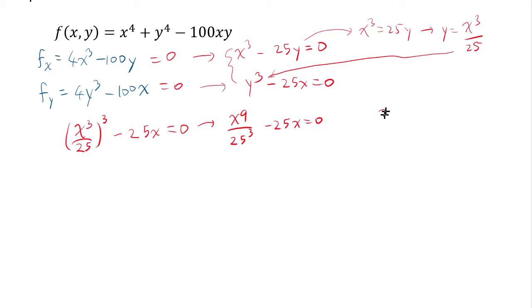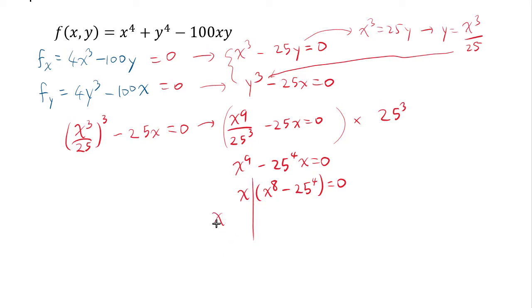Let's multiply by 25 cubed because I don't like fractions. And that's going to give you x to the 9 minus 25 to the fourth, x equals 0. If you factor the x out, that's x to the 8th minus 25 to the fourth equal to 0.